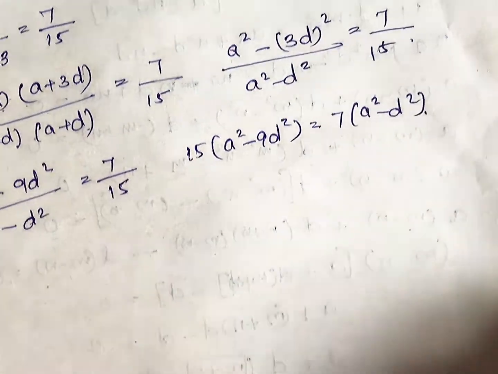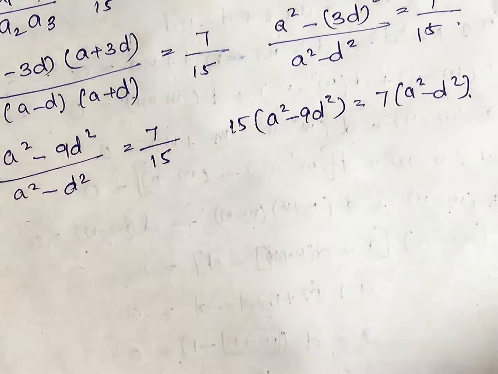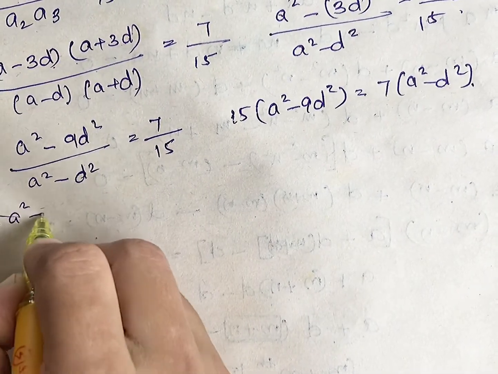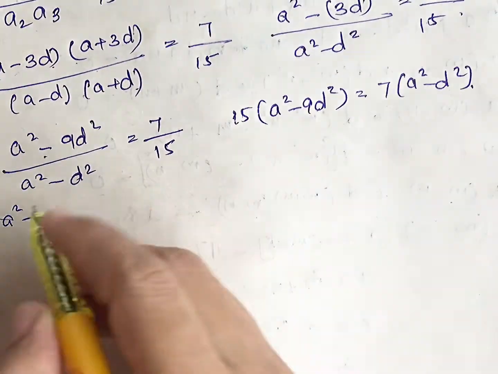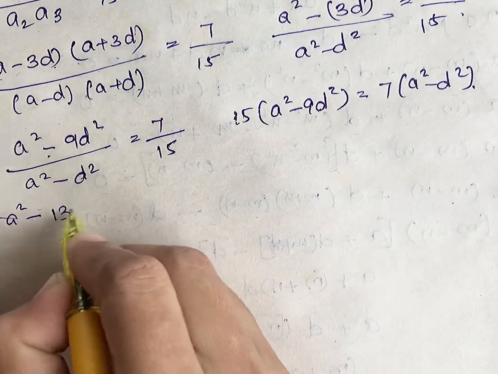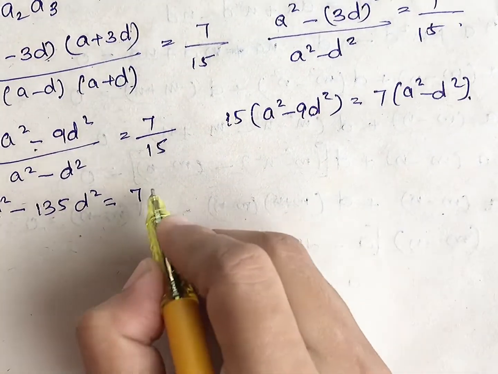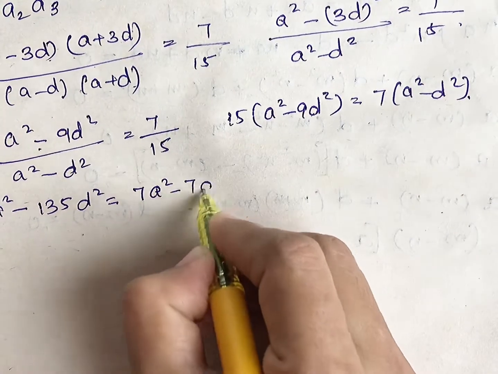On simplifying, we get that 15 a square minus 15 into 9 is 135, 135 d square is equal to 7 a square minus 7 d square.